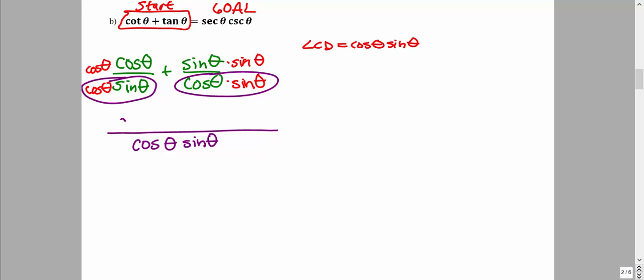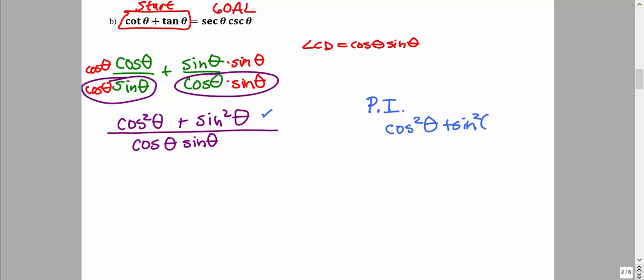On top, I'm going to write that as cosine squared theta plus sine squared theta. Now, I see that I have cosine squared and sine squared. When I see a trig function squared, I would suggest that we start to think about a Pythagorean identity.